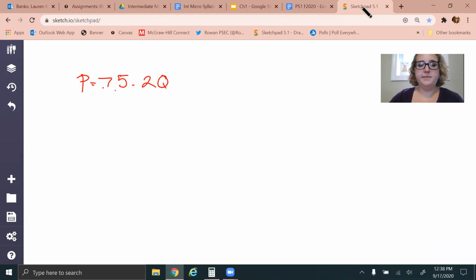So our intercept is 75, and you want to remember that this contains everything that affects demand. So this contains prices of other goods, let's put related, and income possibly, and your preferences might be put in somewhere here.